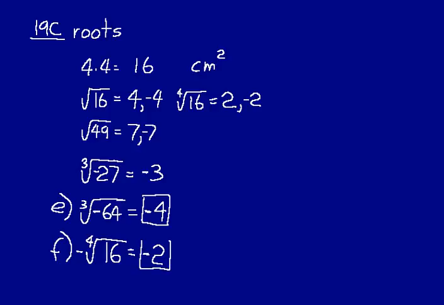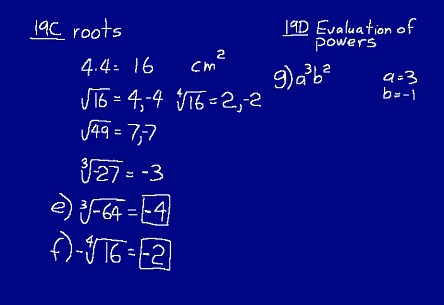And so that would be negative 2. So basically what we did there is we simplified that expression first, that 4th root of 16, and we knew that it was multiplied by -1. That's what that negative means out front, is like negative times that, or -1. You could consider it like a -1 times the 4th root of 16 is just equal to -2.